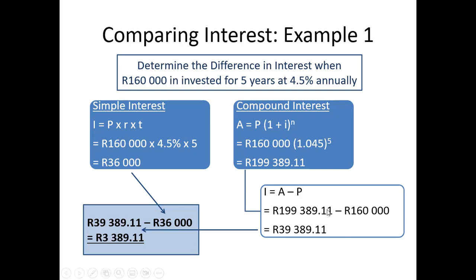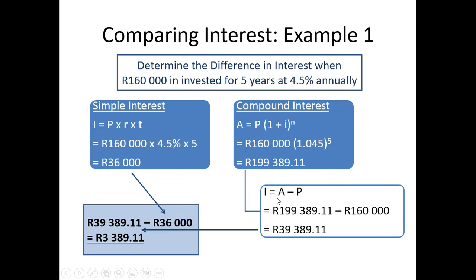Why is this amount so much higher? Well, it is the future value. It includes the principal amount of 160,000 plus whatever interest we earned, and therefore to compare apples with apples, or in this case interest with interest, we must first make interest the subject of our formula on the compound interest side.